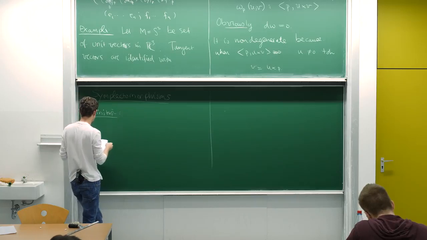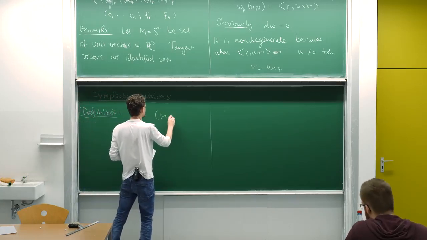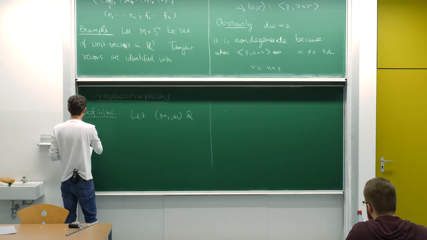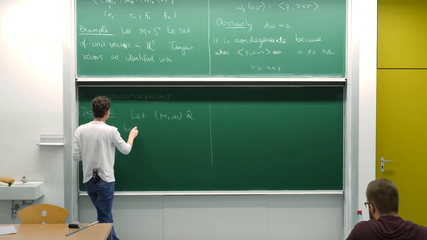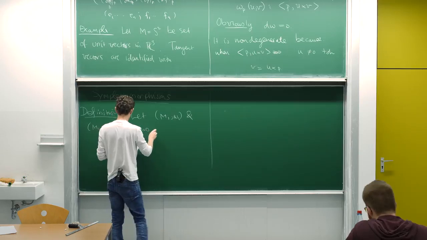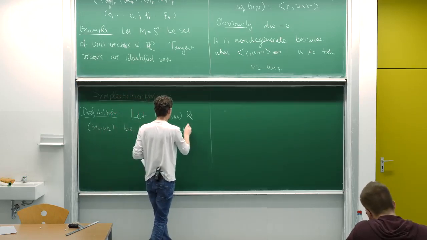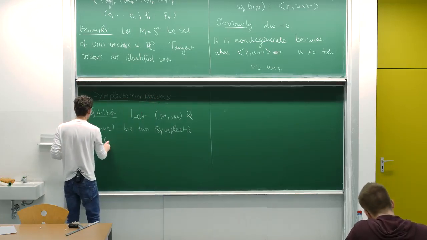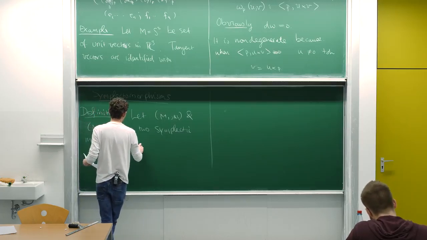Definition. So we have two symplectic manifolds. When are they the same?